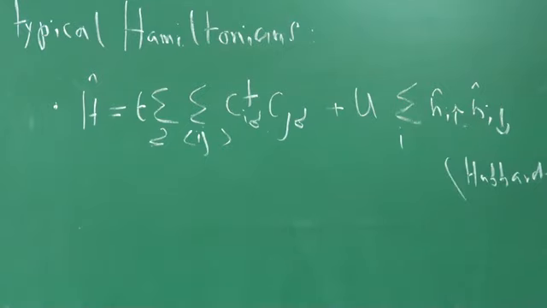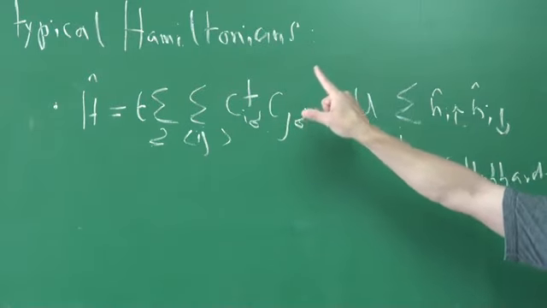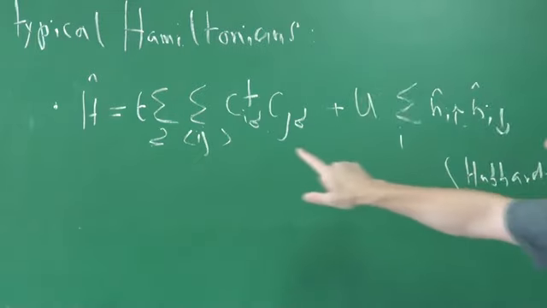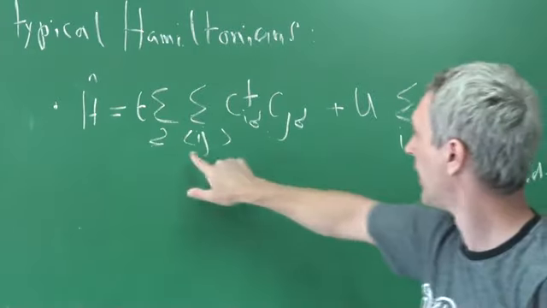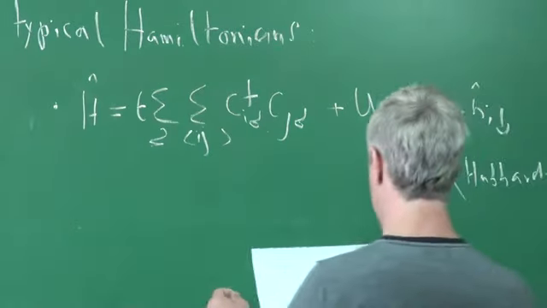Okay, so first you have to ask, you are all familiar with second quantization, no? Okay, so this would be a typical model where sigma refers to the spin index, so you have spin up and spin down, and ij corresponds to sites on some lattice.